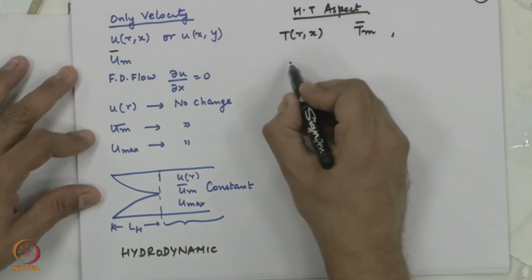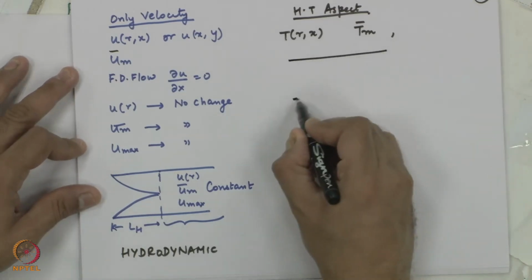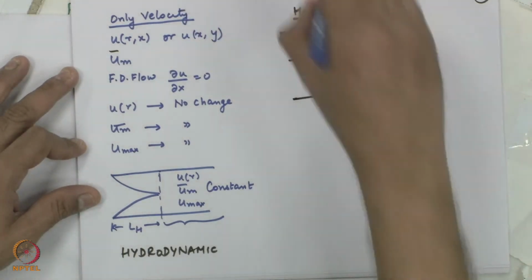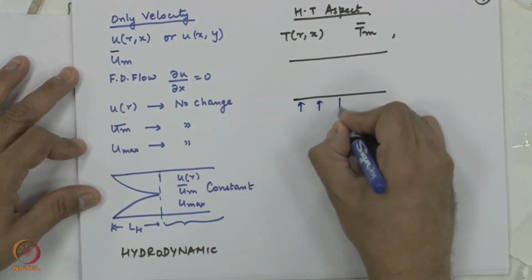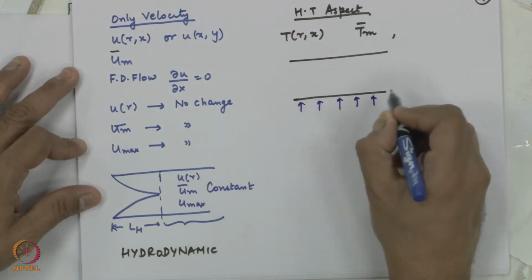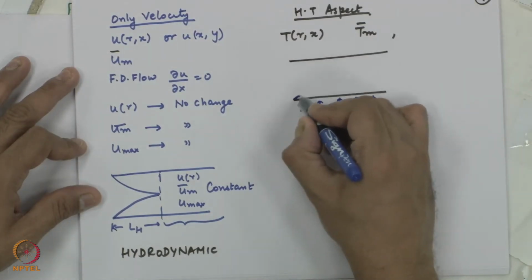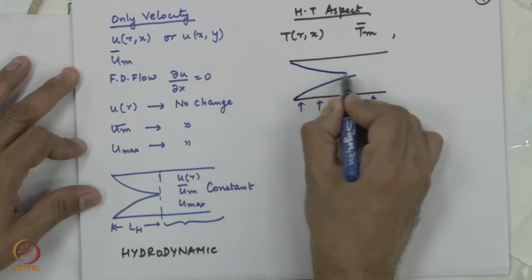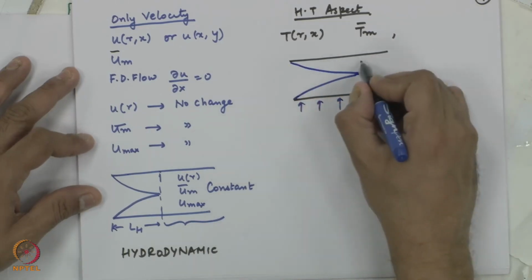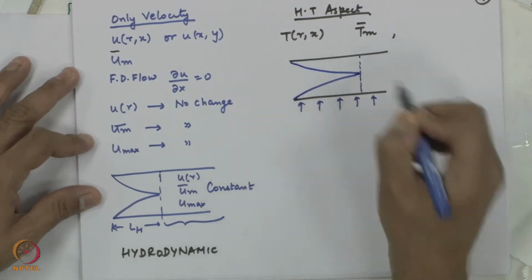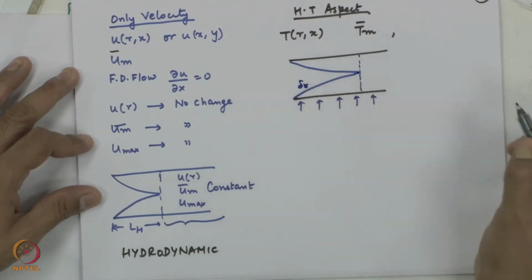So, because heat is being added at every infinitesimal cross section, after the merger of the thermal boundary layer, this is delta T, let us say.